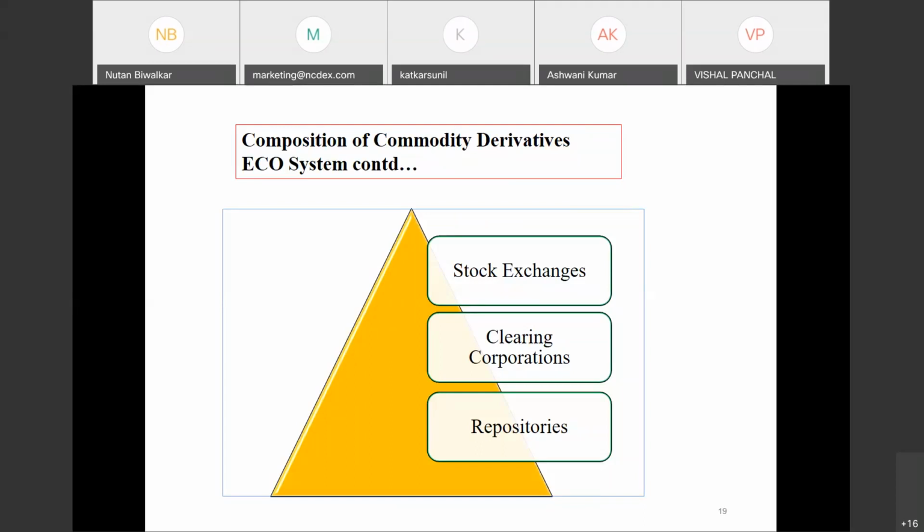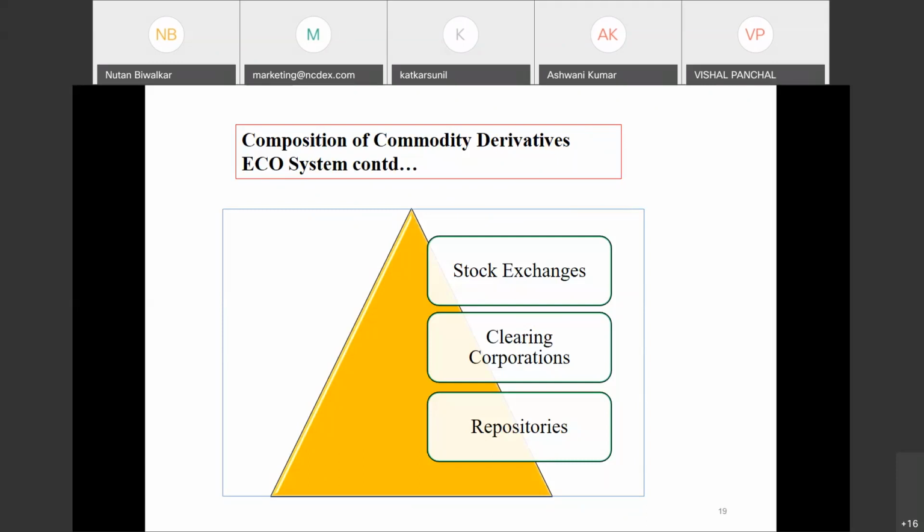Besides all these things, the main task of the clearing corporation is accreditation of WSP. I'm coming to the next slide. This is very important for delivery-based contracts. Accreditation of WSP is the most crucial task entrusted to the clearing corporation.